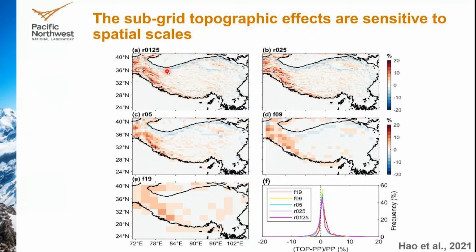For the fine resolution, we can see many local spatial details. But for the coarse resolution, the 2 degree simulation, we can still see large differences between TOP and PP, although some negative and positive pairs cancel out each other in the north part.